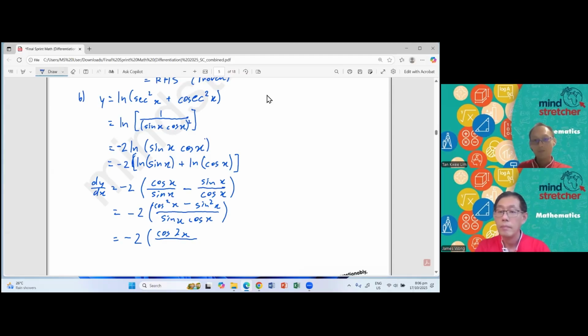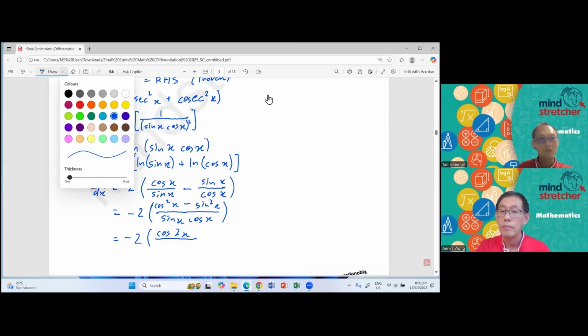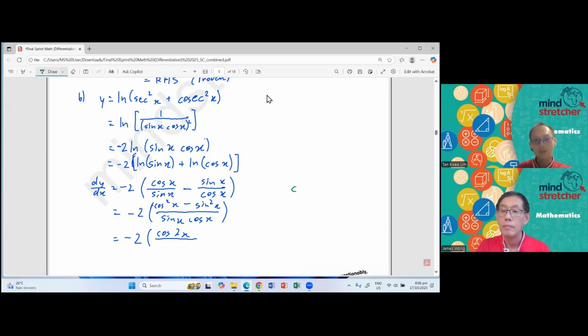Let me write it at the side so that you have some reference. If I have cosine 2x, we can re-express it as cosine square x minus sine square x. And for sine x cosine x, think of sine 2x first. Sine 2x is going to give you 2 sine x cosine x, right?